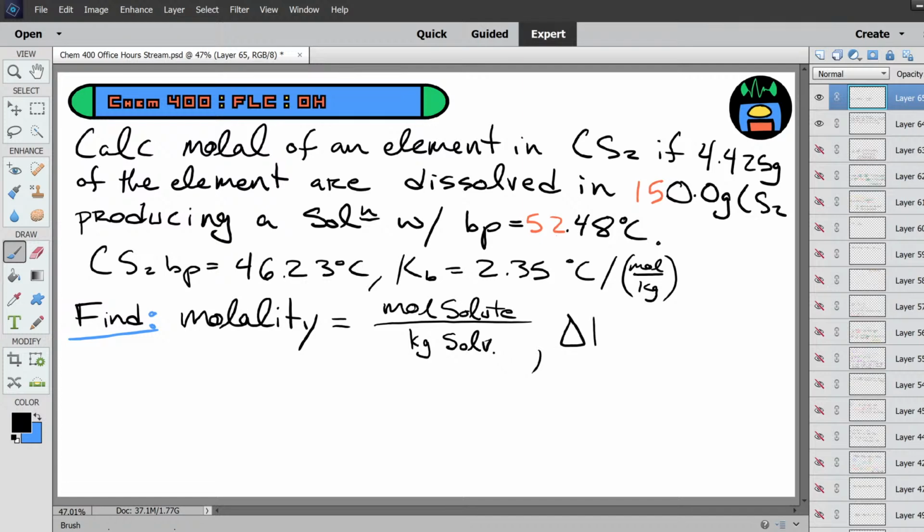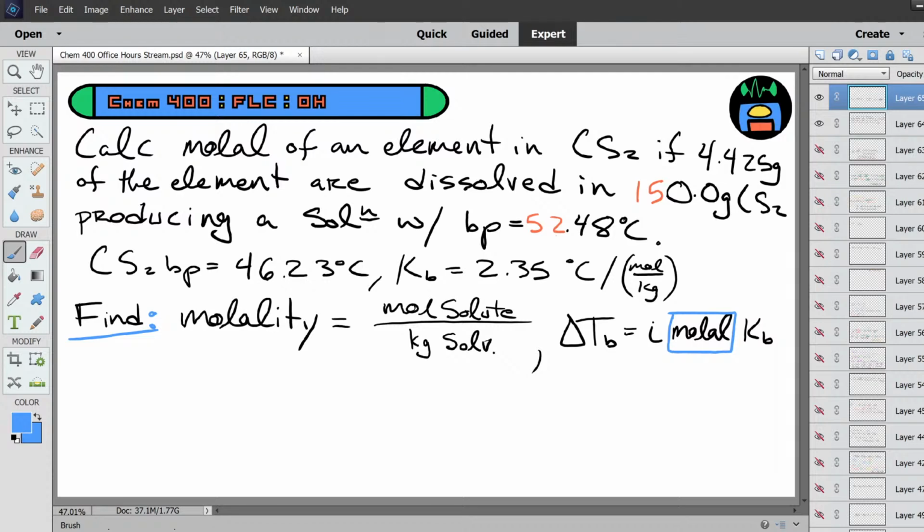Fortunately, molality shows up in another equation. The change in boiling point is equal to the Van't Hoff factor times the molality times the boiling point coefficient. This might be a better opportunity to find our molality if we can find these three things.